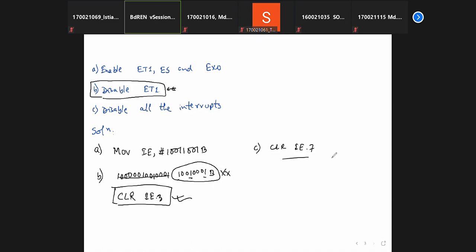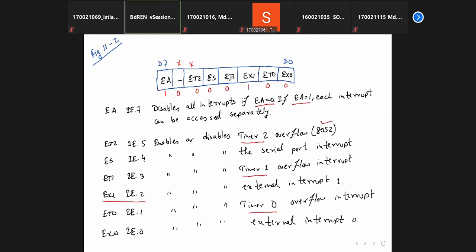So you see, for the first one, instead of writing this, a more appropriate approach would have been to access it separately. First of all, set bit IE.7, then set bit IE dot, just see the value of ET1. So your ET1 is IE.3.